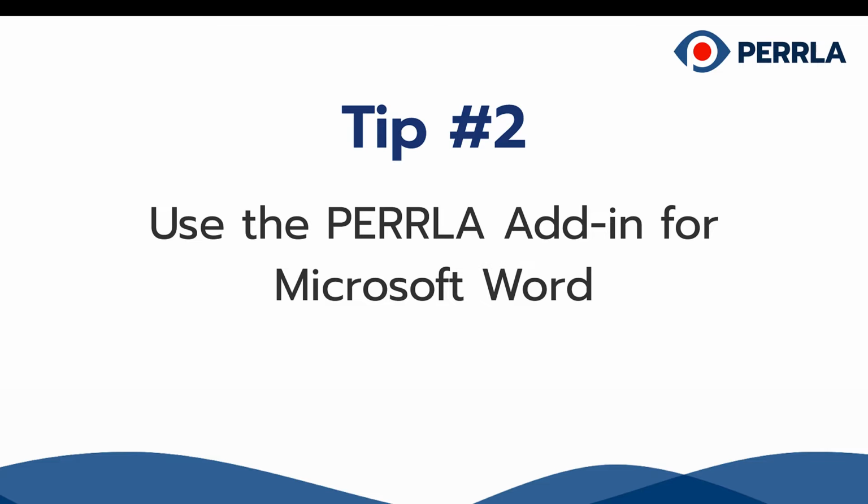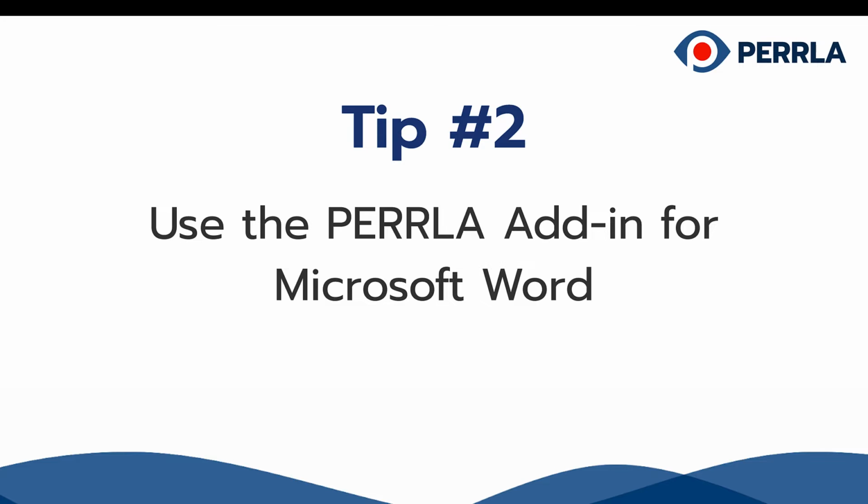And then make those specializations in that context, just because you can't do them inside of PERRLA Online. We keep you kind of in the straight and narrow. So if you have a paper that you have to do something really strange, hop into Microsoft Word and use the PERRLA add-in. It really is going to give you that fine grain level of control that you're going to need to create some of these things.